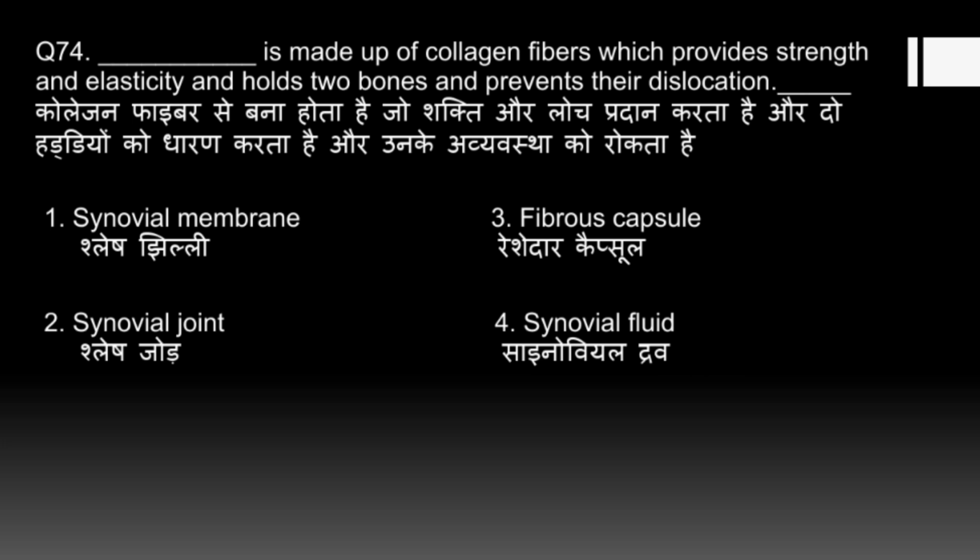The right answer is option number 3, which is fibrous capsule. The fibrous capsule is made up of collagen fiber and provides strength and elasticity to the two bones and prevents dislocation. The best example is the knee joint, where you can see the fibrous capsule around the femur bone.